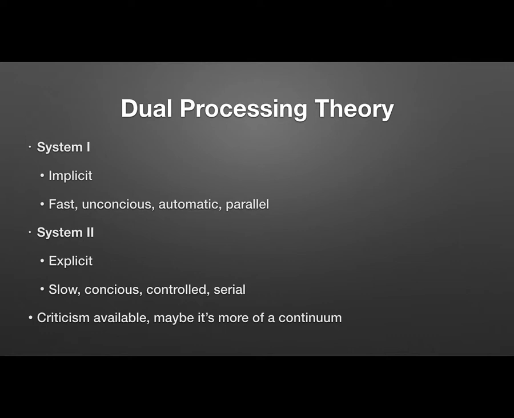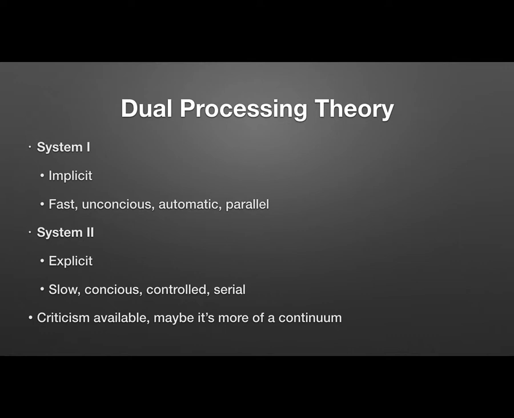So, dual processing theory, we have what we call System 1 and System 2. They've had other names, and in other models they might be called implicit or explicit, things like that. But for the most part, we'll call them System 1 and System 2. System 1 is considered to be implicit. It's fast, unconscious, automatic, parallel, not really subject to the limits of working memory so much.